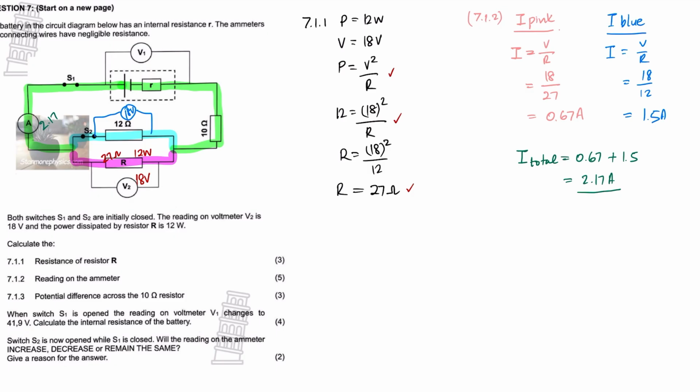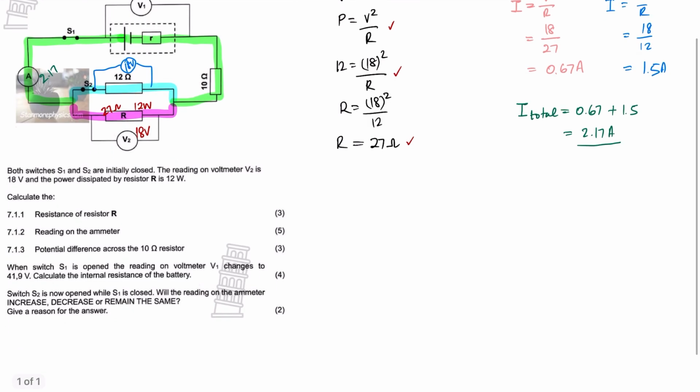Now let's calculate 7.1.3, which reads calculate the potential difference across the 10 ohm resistor. The V value we can calculate by saying V is equal to I times R. We know the resistance is 10, and we calculated the current in the previous question.